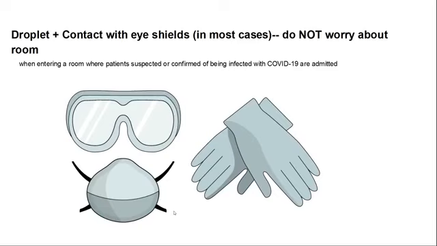Patients who are admitted to the hospital and who are not very sick can be managed by droplet or contact precautions. For droplet and contact precautions, you want to wear a surgical mask, goggles, gloves, and a gown. You don't need an N95, and the room doesn't have to be special.